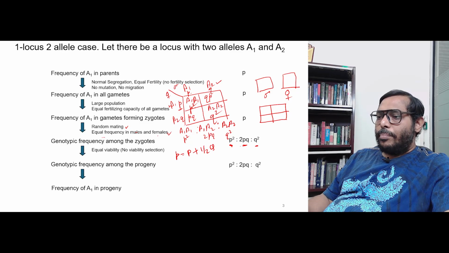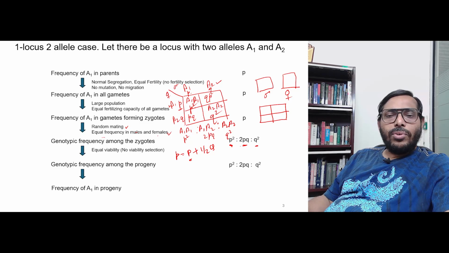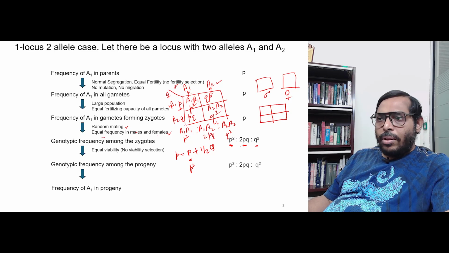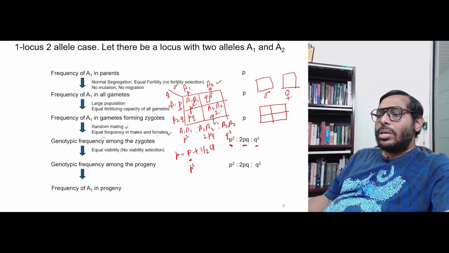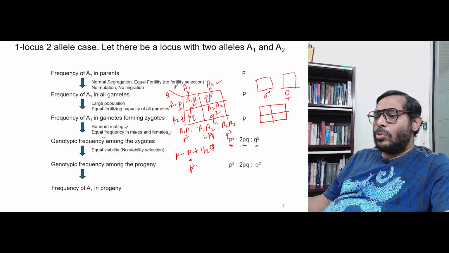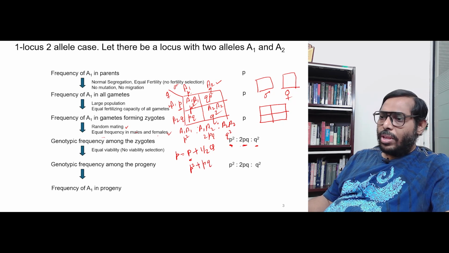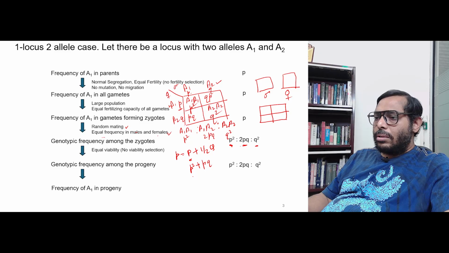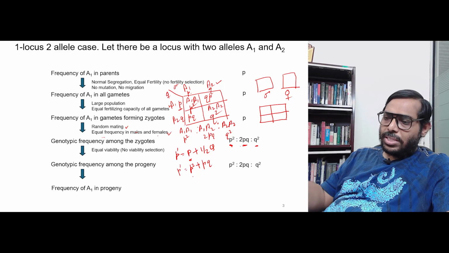Here p is the frequency of the A1A1 genotype, which is equal to p square, and q is essentially 2pq. So, this is going to be equal to p square plus half into 2pq, which is p square plus pq.